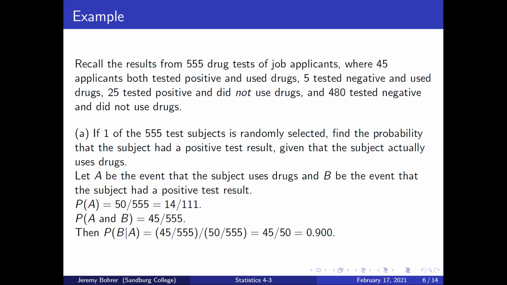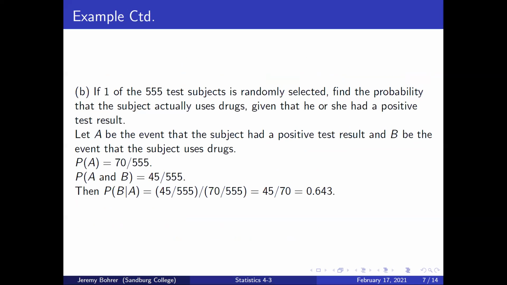We don't really have to simplify that. Then the probability of B given A equals 45 over 555 divided by 50 over 555, which is 45 over 50, or 0.900. 90%, if we're going to read it as a percent, which we shouldn't.